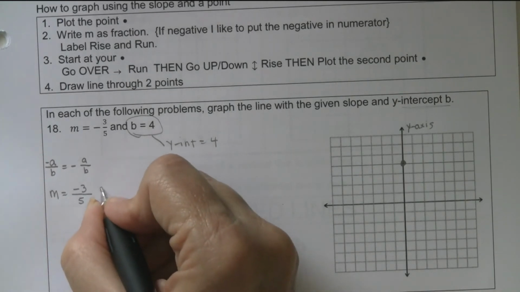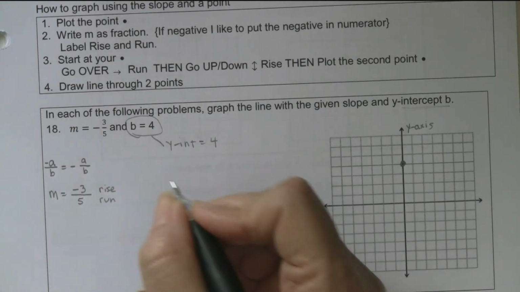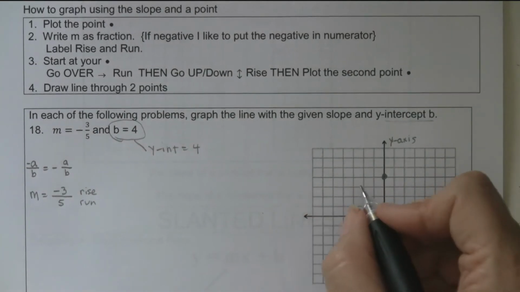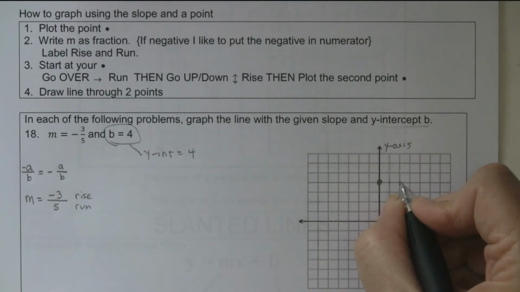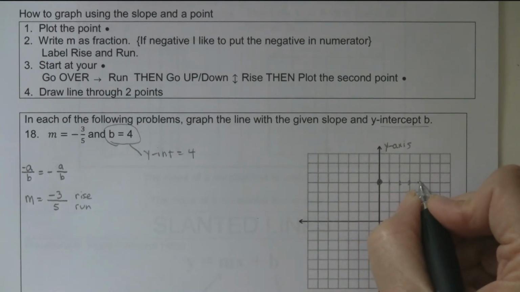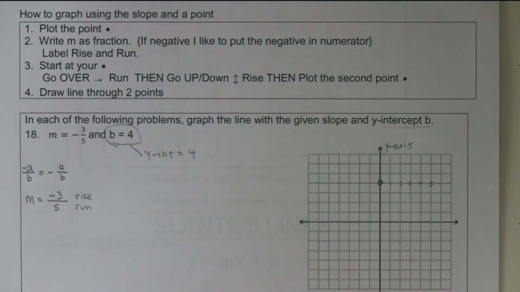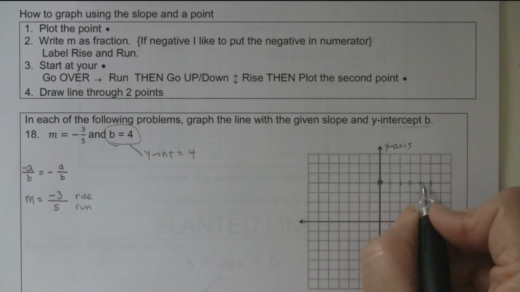So my slope, remember, is my rise over my run. So I'm going to count my run, and then I'm going to count my rise. I'm going to be here on this point, and I'm going to count my run: 1, 2, 3, 4, 5. The only reason I'm writing the numbers there is so that you can see that I counted. I normally wouldn't write the numbers there; I would normally just count 1, 2, 3, 4, 5.